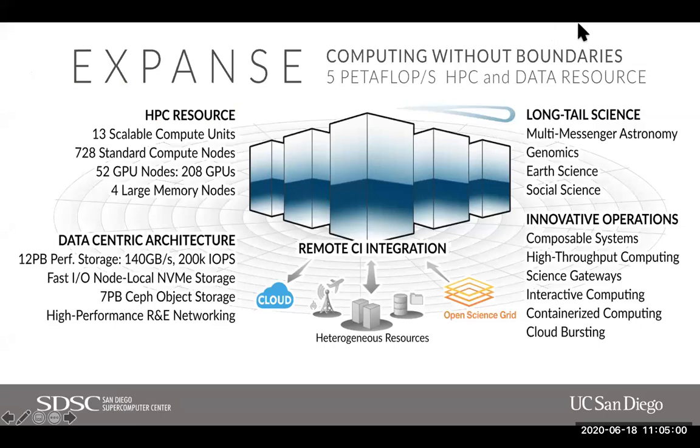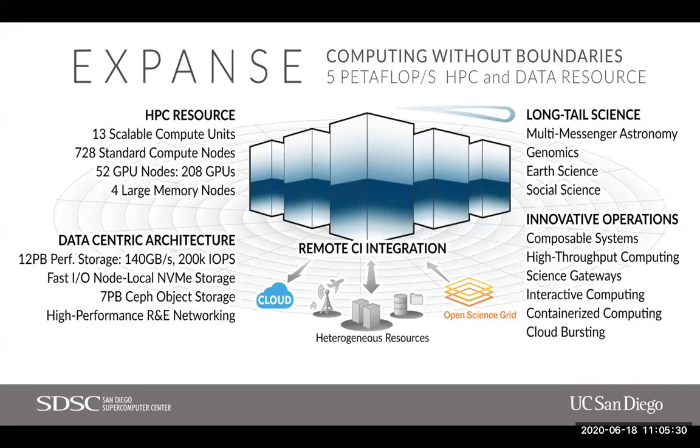So if you look at Expanse itself, it's made of 13 scalable compute units, and I'm going to go into details of the compute units in a bit. So it comes out to about 728 standard compute nodes and then 4 large memory nodes. In addition to that, we have 52 GPU nodes with NVIDIA V100 GPUs, 4 on each node.